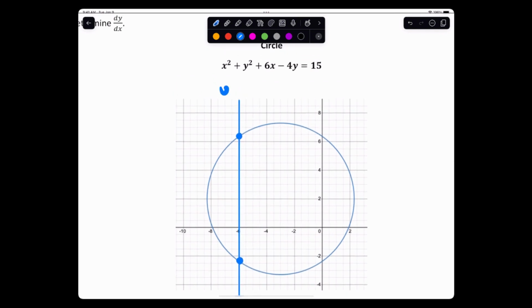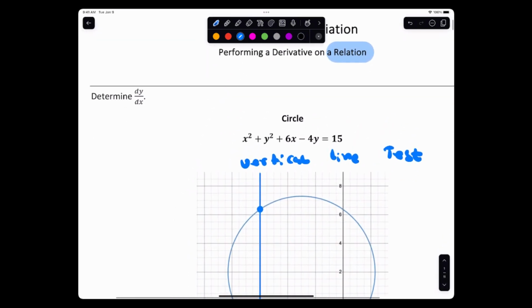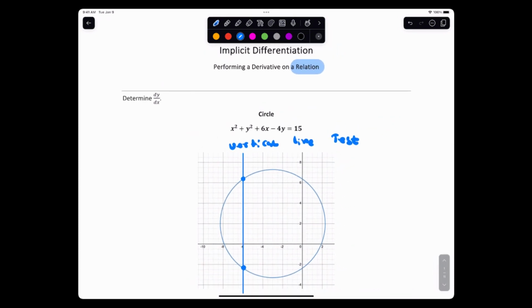So this is called the vertical line test. So we're talking about, again, relations. All of these curves that we see here in this worksheet are relations. All right, you guys okay with that?